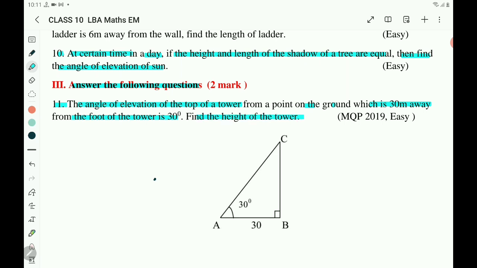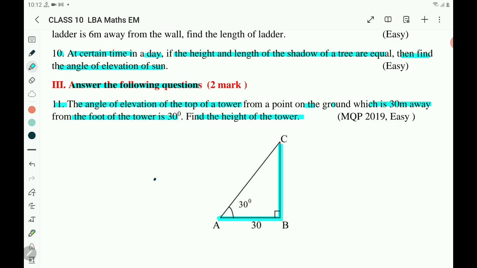Here BC is a tower and A is a point 30 meter away from the foot B. B is the foot of the tower and BA is the distance of the point A from the foot of the tower B. What we have to find out? We have to find the height of the tower.